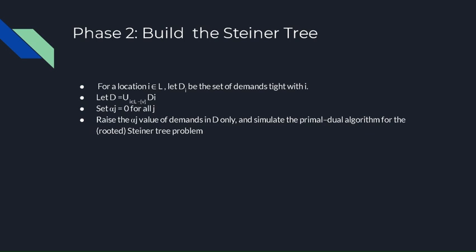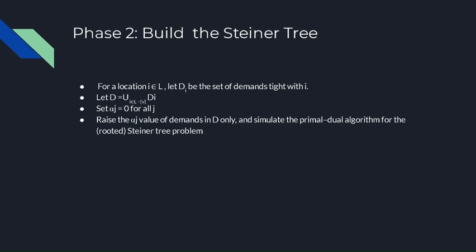So for all the other facilities which we opened, that is I element of L dash minus V, we take the union over all those DIs, and we set alpha j to 0 again for all the j, and we start increasing alpha j values for only the demands that are present in D.